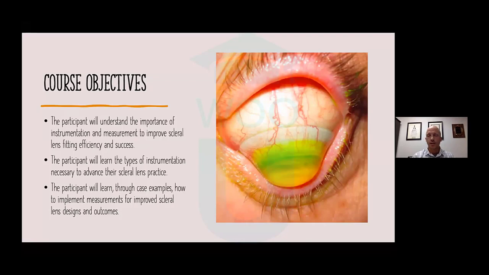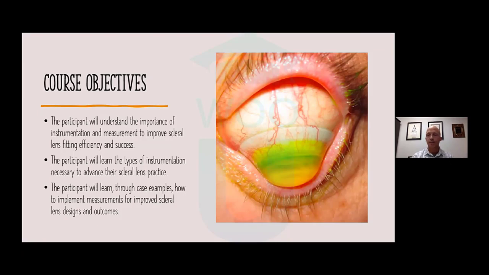And as Dr. Wu mentioned, my course is on advanced scleral lens design. And with a time limit of 50 minutes, I do have to limit what we're going to discuss. And so today, I really want to focus in on instrumentation and measurements that we can use to fit custom scleral contact lenses more efficiently and also with improved success.